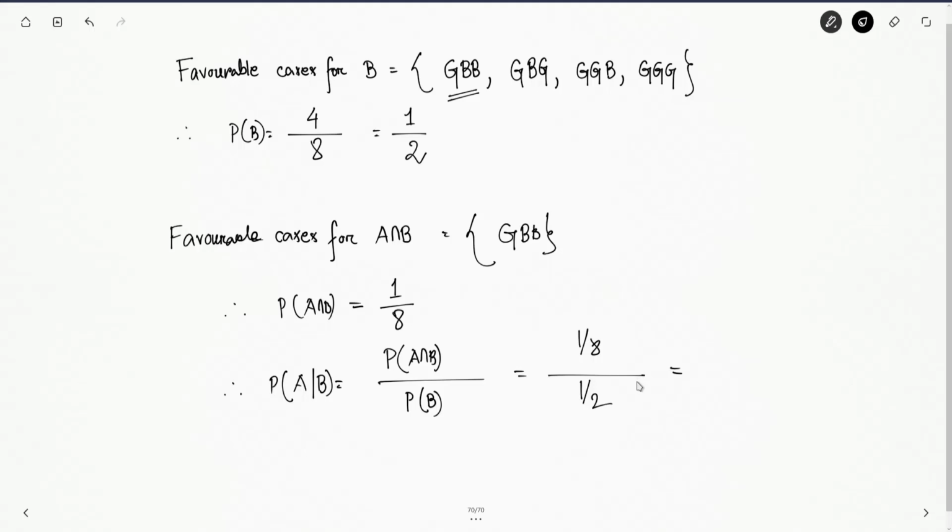So this gives us 2 by 8, which is 1 by 4, which is the answer for this question. So what is the probability that there will be two boys, given that the eldest will be a girl? The value is 1 by 4, that is 1 out of 4 we have that particular chance, right?